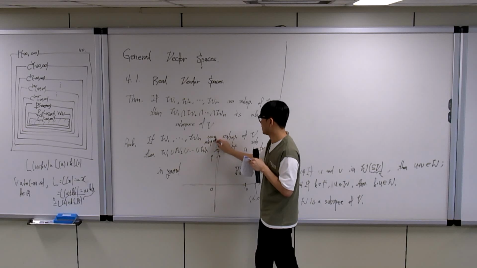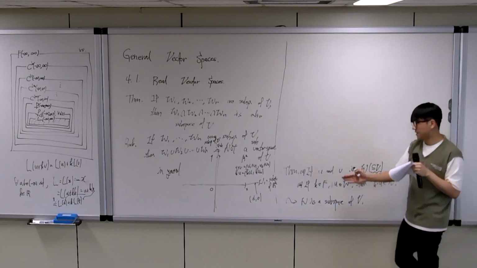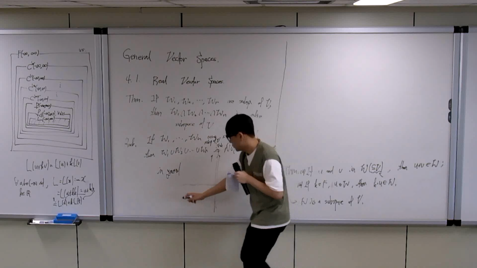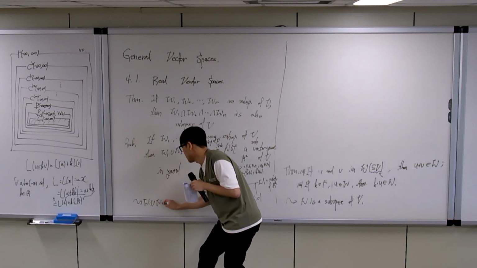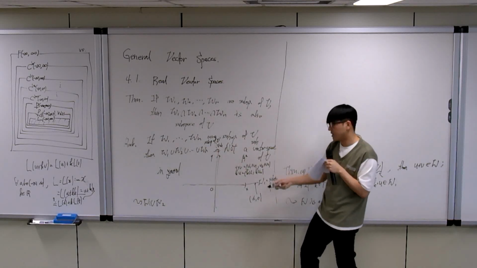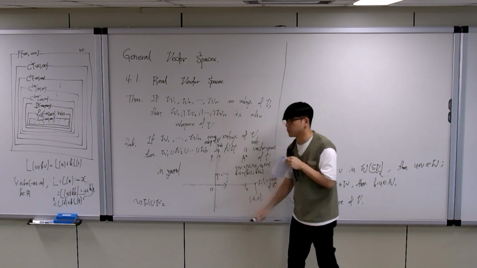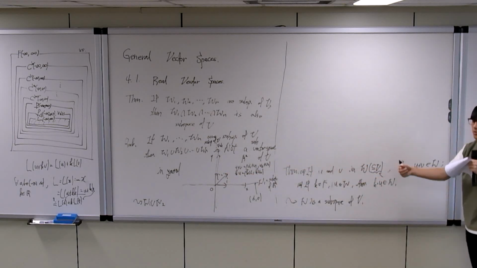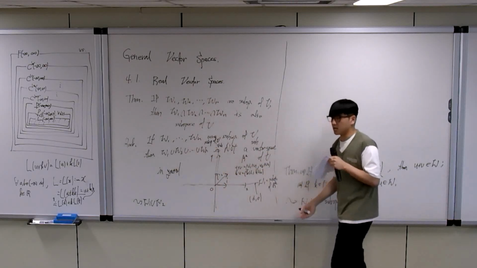However, when you consider the union of the two subvector spaces W1 and W2, it is not a vector space, because when you add this vector and this vector, by the parallelogram rule, it will give this vector. However, it is not in W1 or W2. So the union does not give a subvector space in general.